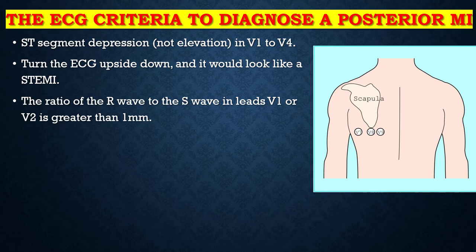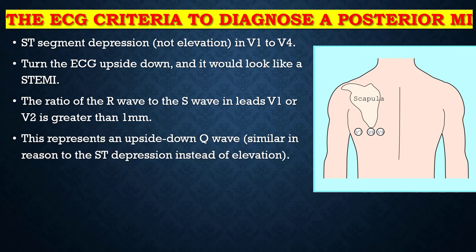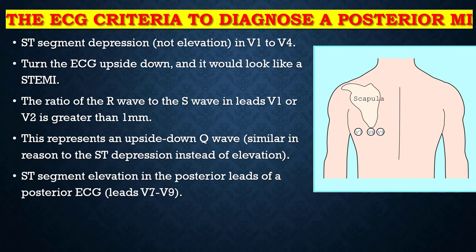The ratio of the R wave to the S wave in lead V1 or V2 is greater than 1 mm. This represents an upside down Q wave, similar in region to the ST depression instead of elevation.